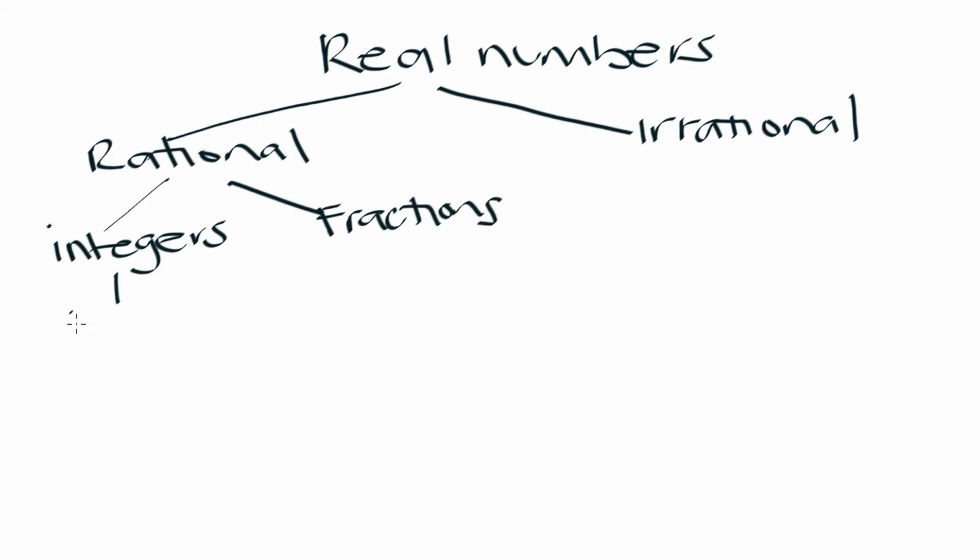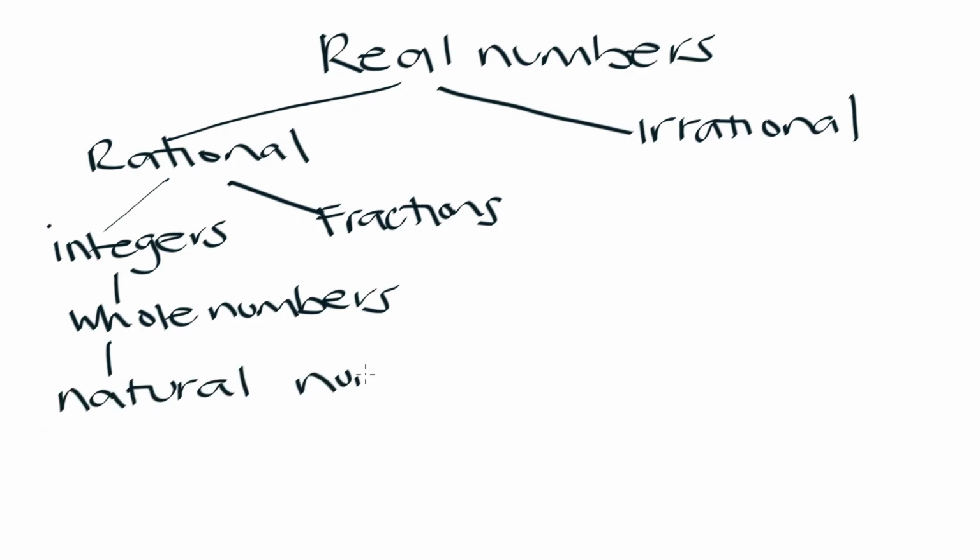Within integers, we can have our whole numbers. And within our whole numbers, we have the natural numbers. So this really describes the majority of numbers that you're going to be encountering.